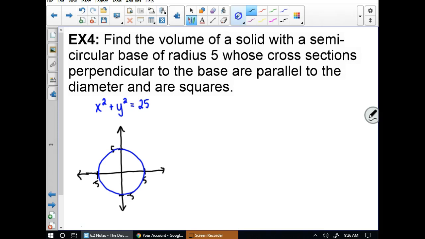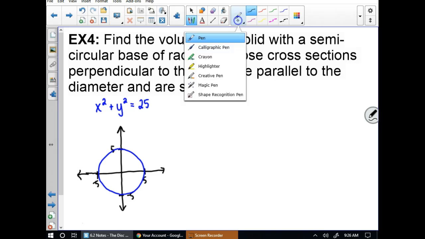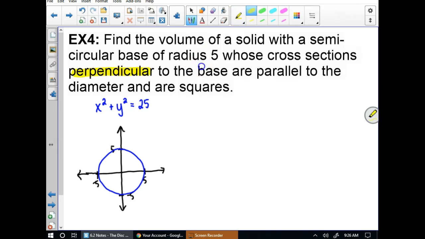the diameter. Okay, so this right here, perpendicular to the base, just means that whenever you build each one of those cross sections, they're going to be standing up straight instead of leaning over at a 45-degree angle or being crooked, right? So if you think of your birdhouse, all of those cross sections are vertical, right?